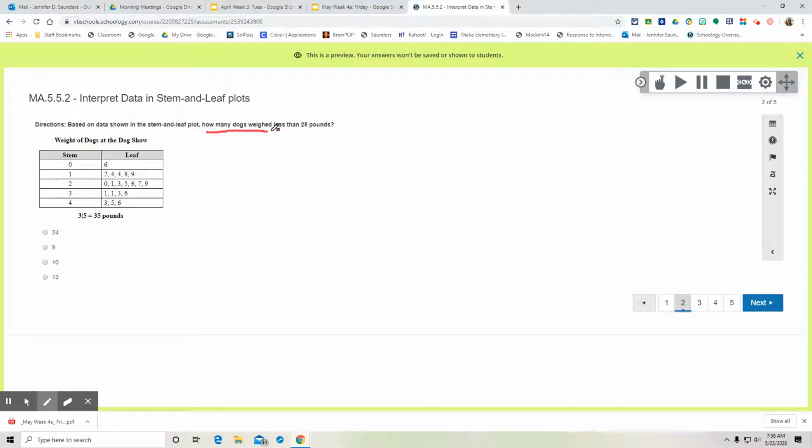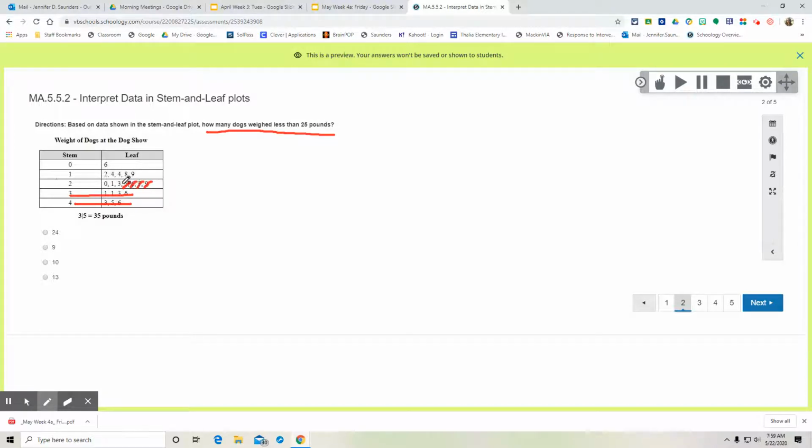So how many dogs weighed less than 25 pounds? That means 25 pounds doesn't count, so it's 24 and lower. Not going to look at any of these, nor these, and 29's too big, 27, 26, 25.